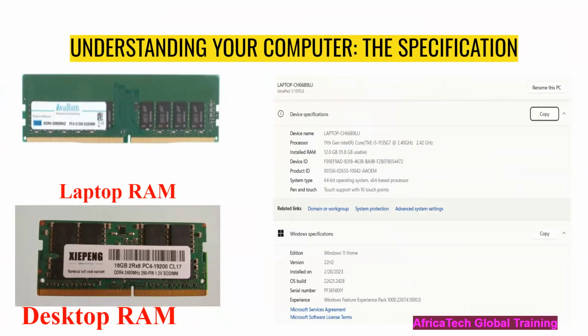In the desktop RAM, you're going to see that the RAM is bigger. You have to know. And at the last session, I think we will have a hands-on for those who will attend in the room. We will open a computer so that you see what I'm talking about here, so that you can know what your computer is made of, and you can select what you need to do, right?